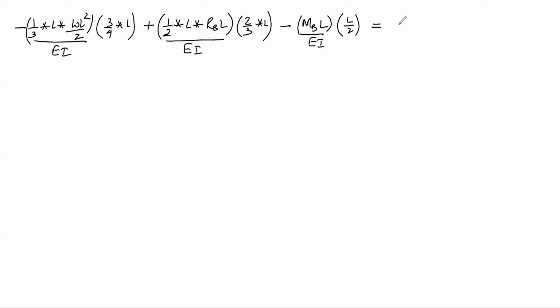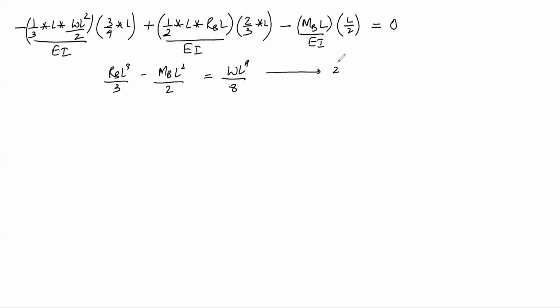This is equal to, there is no settlement of supports mentioned in the problem, so we can take it as 0. Again, here we have two unknowns, so we can keep them on one side and send the other term to the right hand side. So on simplification, we get the equation as RB L cube by 3 minus MB L square by 2 is equal to WL power 4 divided by 8.